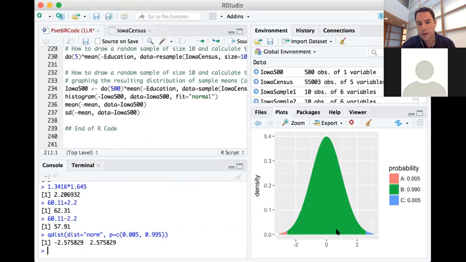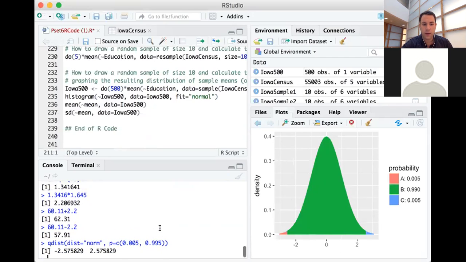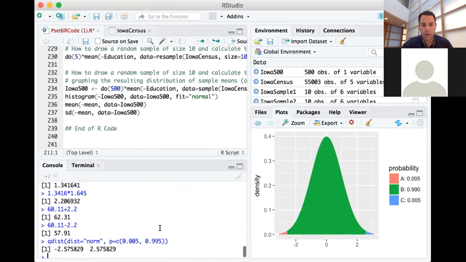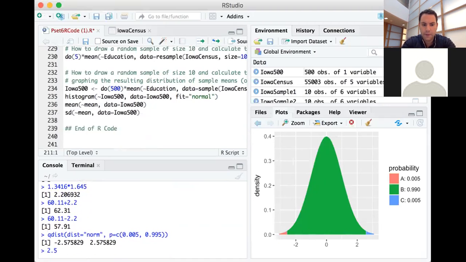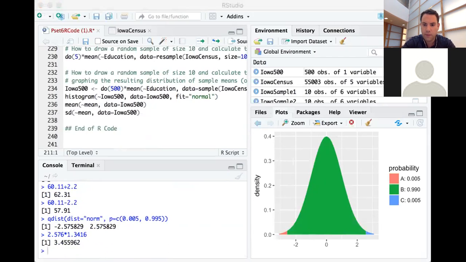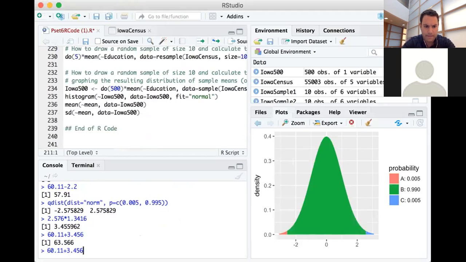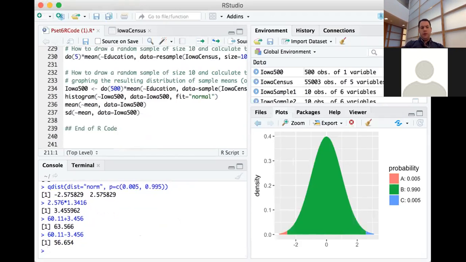This would be the z-statistic that you would use for a 99% confidence interval. So you would then use this score of 2.576 times 1.3416 to get 3.45. Then you add it to our 60.11 to get 63. As we can see here, even with our 99% confidence interval, we still don't see 69 appearing there.